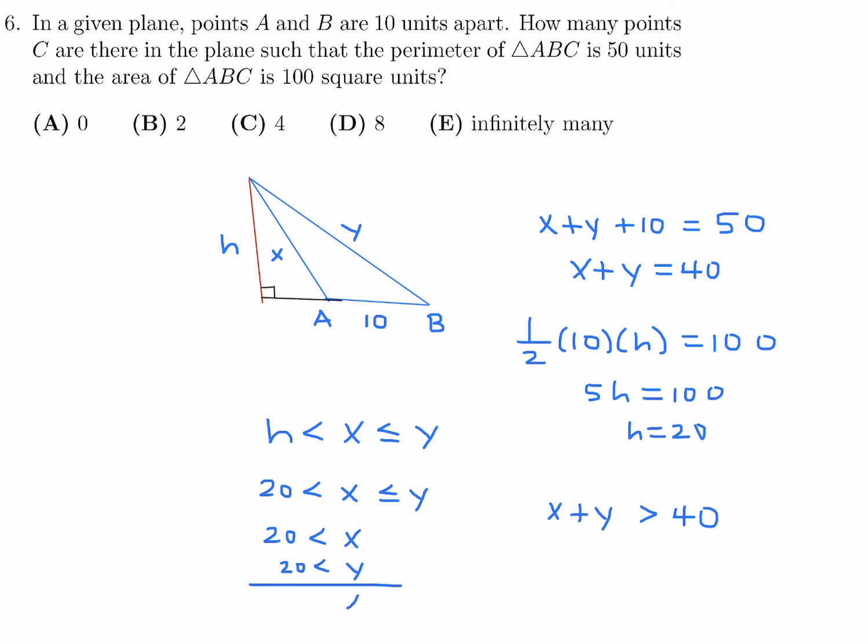If you add them, you get x plus y greater than 40. And therefore, it could never be equal to 40. So the parameters of the question are not possible. There are 0 such points in the plane to make this true. And therefore, the answer would be A for number 6.